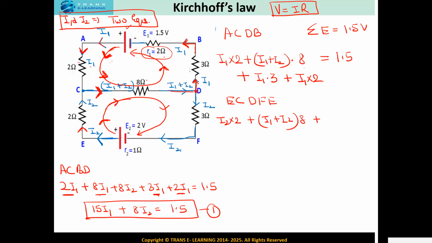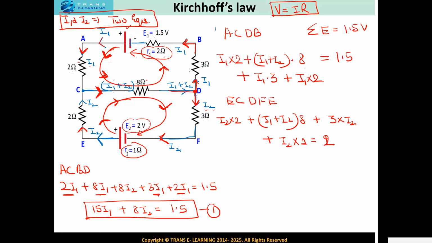Now the current I2 has reached this point D. It will get segregated because D is a junction. So now I2 is passing through the 3 ohm, and it is in the same direction as my loop, so this will be 3 into I2. Plus, now I2 is going through this internal resistance, that is 1 ohm, that is I2 into 1 ohm, which will be equal to the EMF across this loop, that is 2 volt.